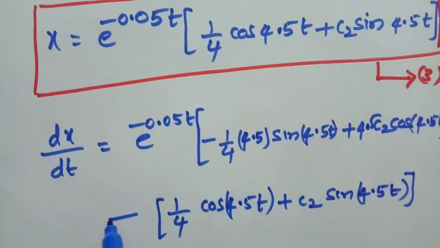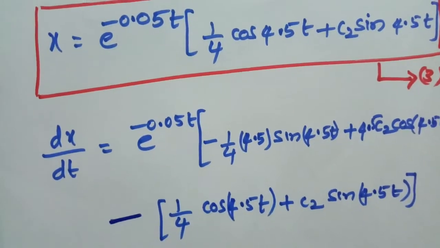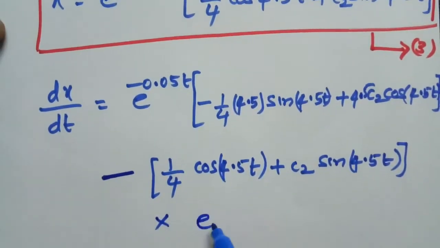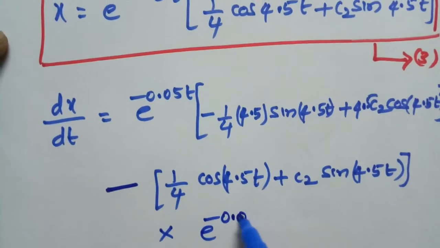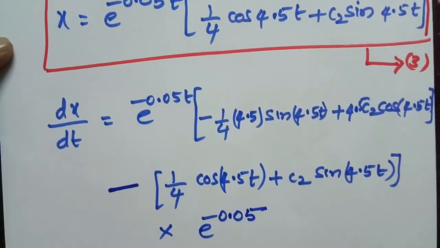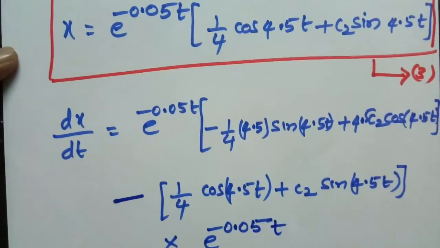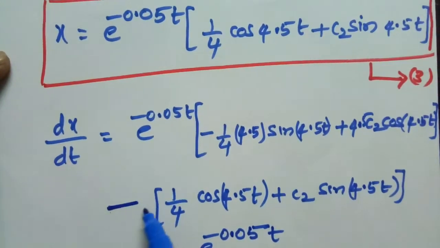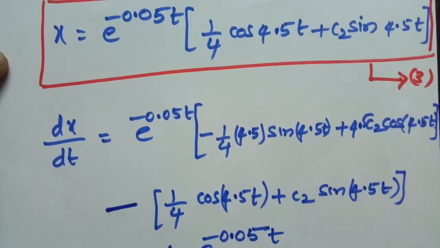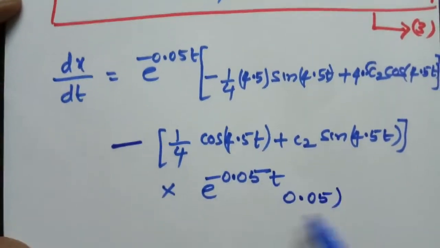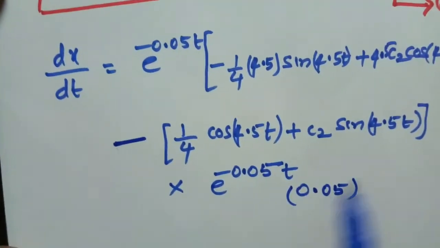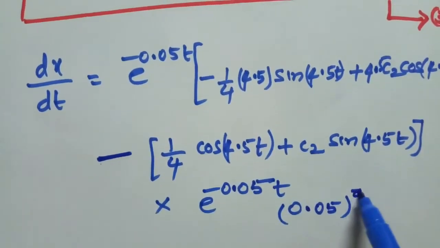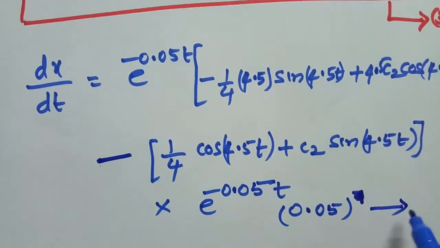So that's why we are putting minus sign. So therefore, that is into e to the power of minus 0.05t into minus 0.05. We are writing minus in the beginning of this bracket into 0.05. Say this is equation number 4.